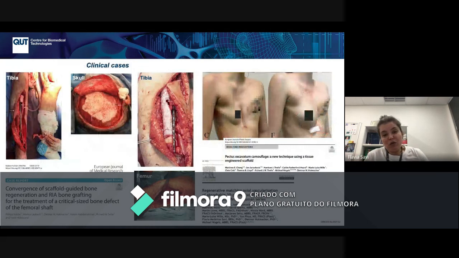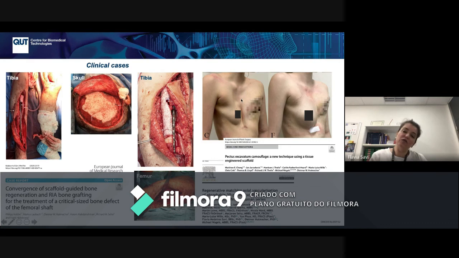And here I'm showing some clinical cases where we have also used our scaffold. The tibial defect that I just showed, also in the skull, where this guy had a motor accident and he lost part of his skull. And another tibia defect and a femur defect.